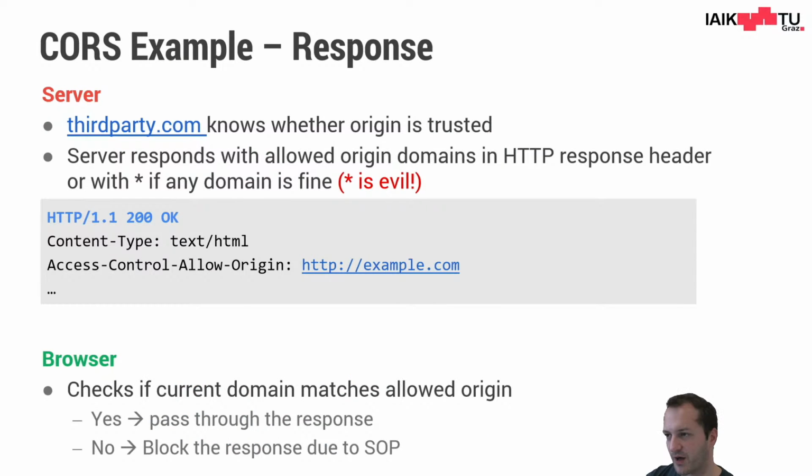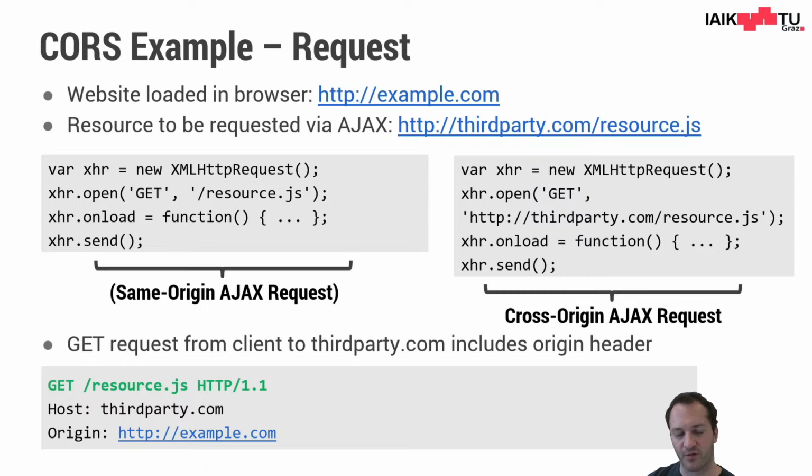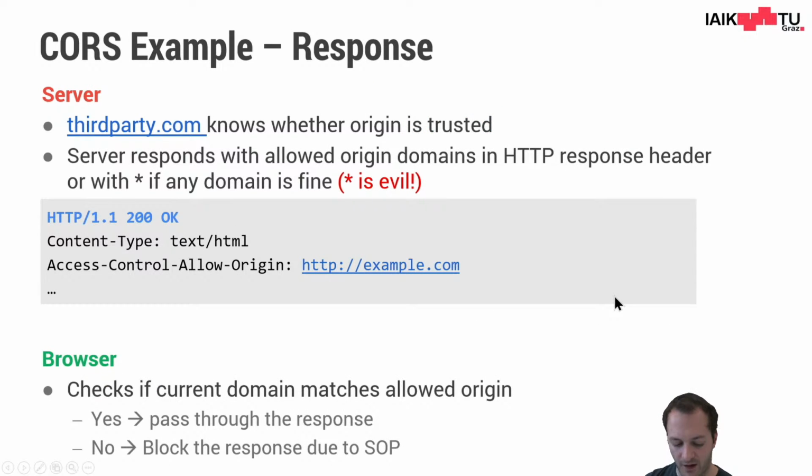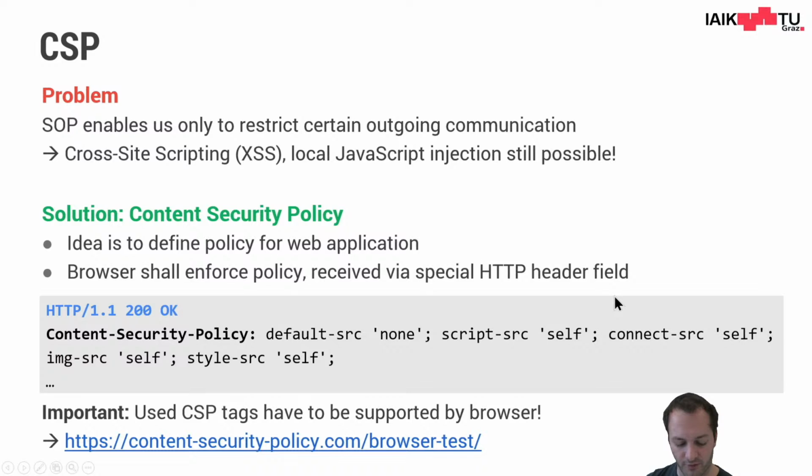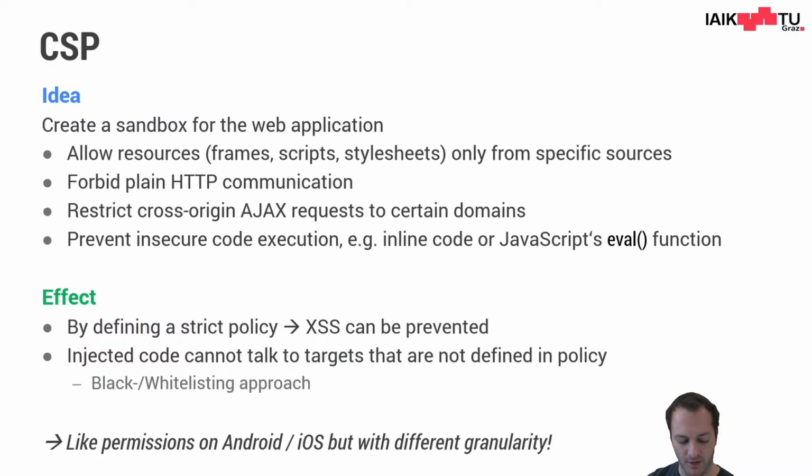So exactly what we allowed here was always possible. We couldn't prevent our website from doing such a request, except if we're using the content security policy. We could specifically include an HTTP header that would say, no, such a request will not be allowed. And if the browser then sees such a request, it will just block it before it even goes out. So even before the response is made, the request is blocked by the browser.